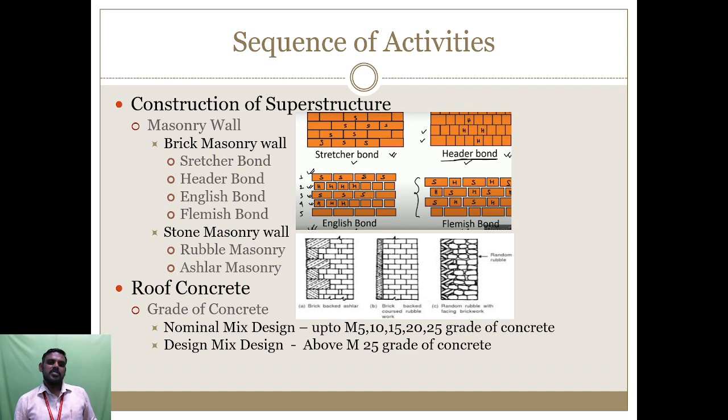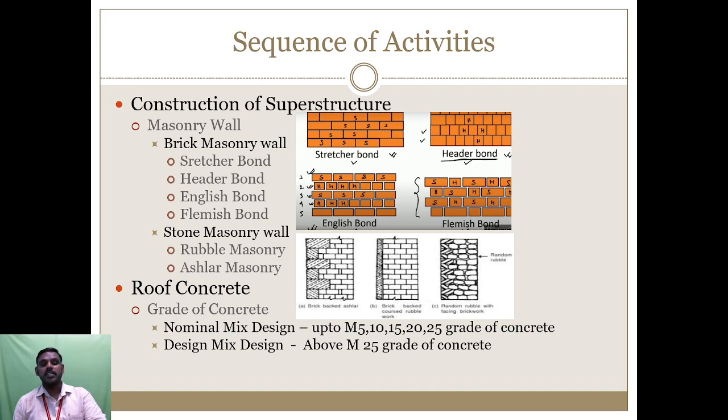The construction of superstructure is normally done with bricks and stones. Nowadays fly ash bricks are also available, but the method of construction is the same as for clay brick. For a brick masonry wall we have stretcher, header, English bond and Flemish bond.